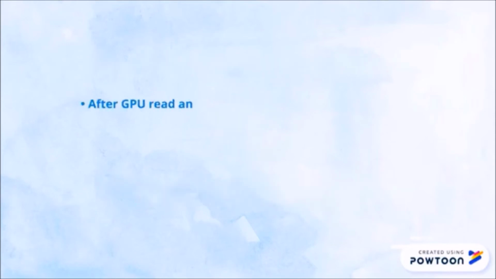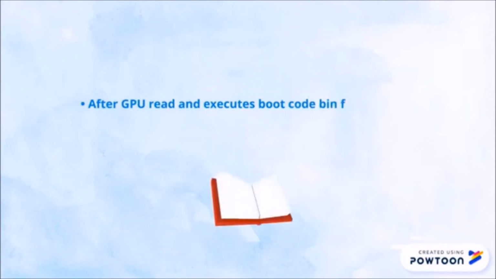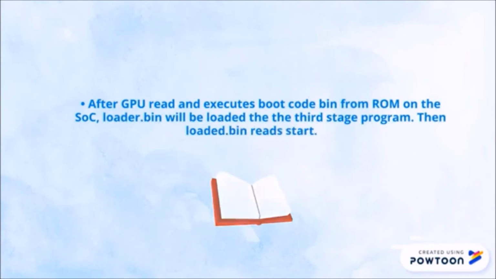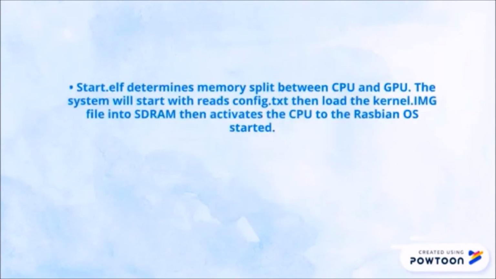After the GPU reads and executes bootcode.bin from ROM on the SoC, loader.bin will load the third stage program. Then loader.bin reads start.elf. Start.elf determines the memory split between CPU and GPU. The system will start by reading config.txt, then load the kernel.img file into SDRAM. Then it activates the CPU and the Raspbian OS starts.